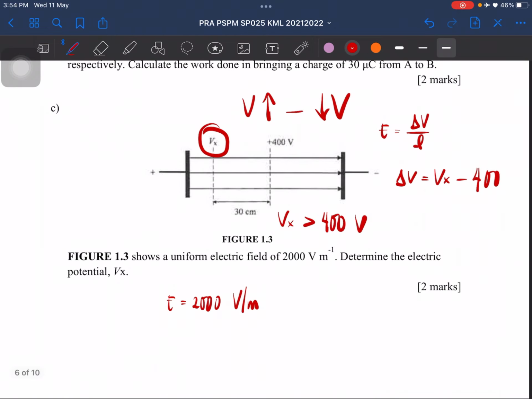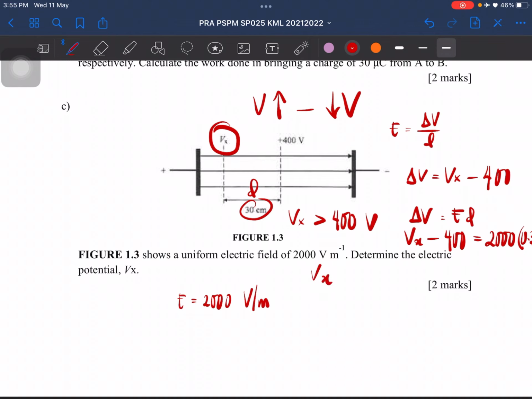So substitute lah dalam the equation delta V equal to E D. So this is Vx minus 400. E is 2000, D is 0.3, which is this one, this is D. So from there, Vx is gonna be equal to 1000 volt.